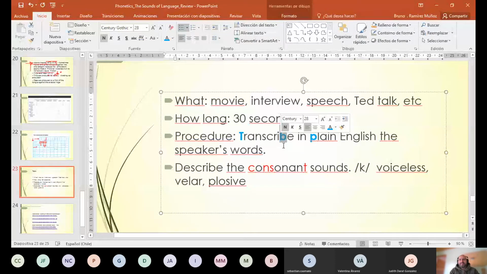Pia would have to say, well, the sound is produced by putting both lips together. That's why it's called bilabial. Very simple and clear answer to show that she is applying the theoretical knowledge about how to describe consonant sounds.